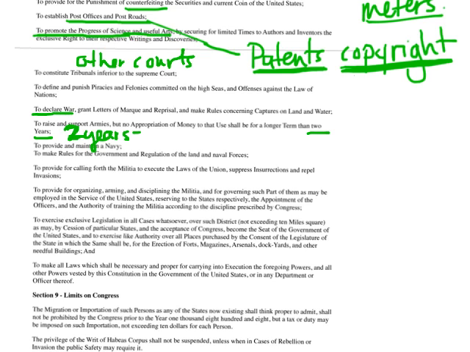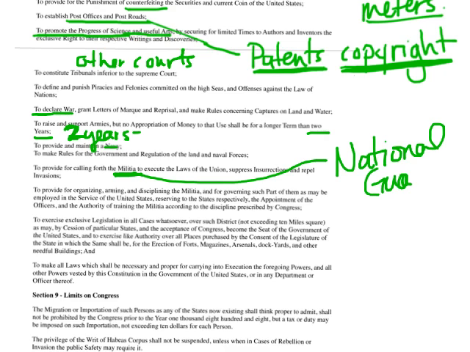To provide and maintain a navy. So their job is to do navy. To make rules for government and regulations of the land and naval forces. So they control the rules of the military. To provide for calling forth the militia to execute the laws of the Union, suppress insurrections, and repel invasions. So they do militia. What is the militia now? That's the National Guard.